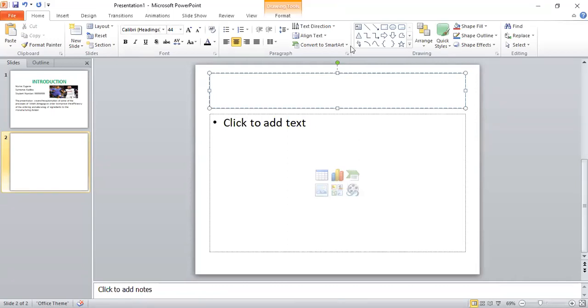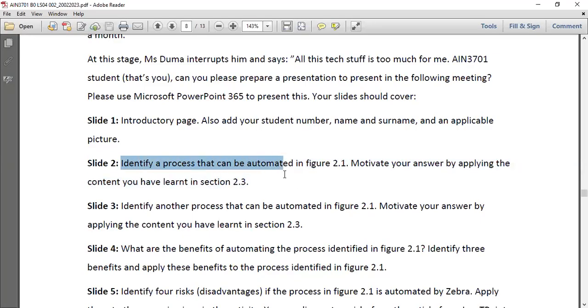All right, let's say on our second part, it says identify any process that can be automated. Motivate your answer by applying the content you have learned in section 2.3.